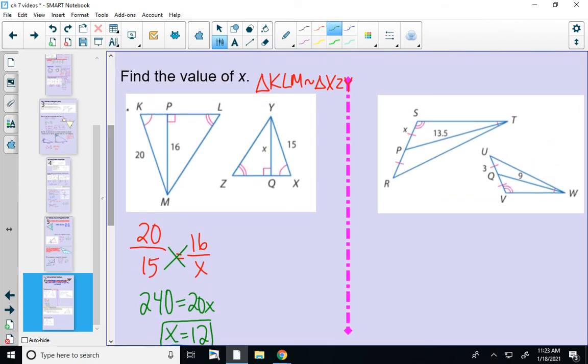Then we've got another similar example. So I know triangle TSR is similar to triangle WVU because they have that angle-angle similarity shortcut.